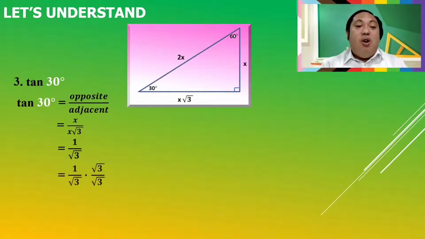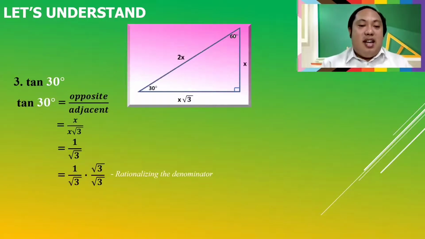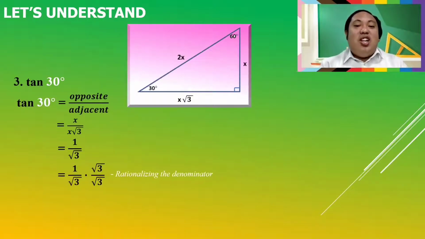Then we have 1 over square root of 3 times the square root of 3 over square root of 3 by rationalizing the denominator. Again, rationalizing the denominator is used when simplifying a radical expression in the denominator. So therefore, we have square root of 3 over 3. Tangent 30 degrees is square root of 3 over 3.